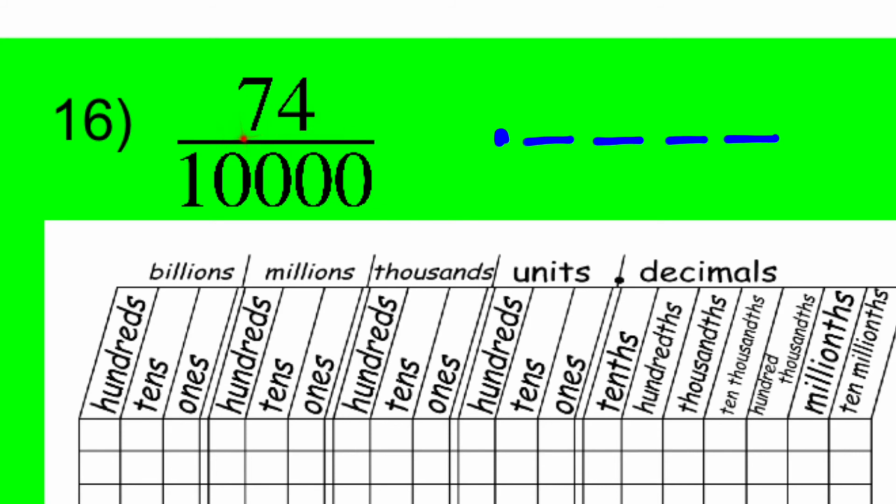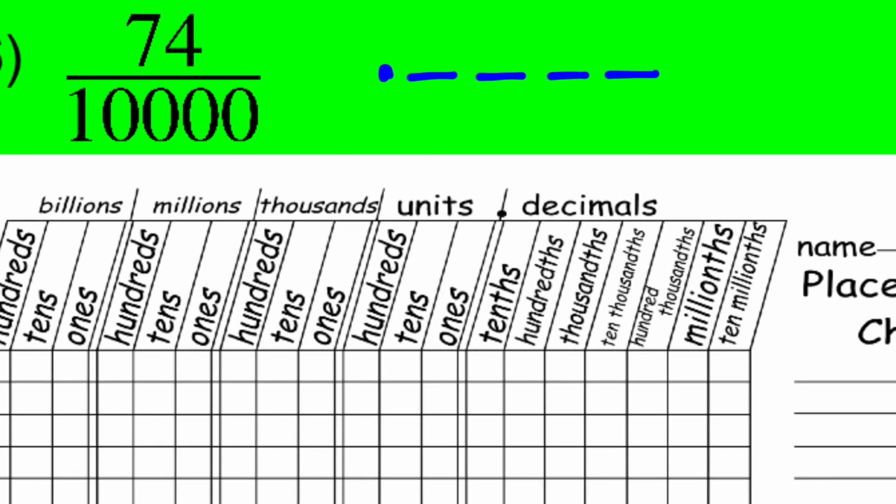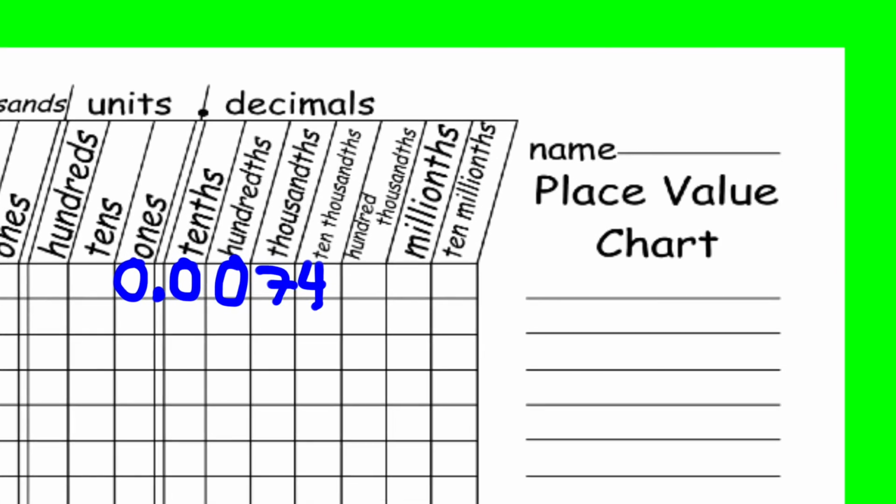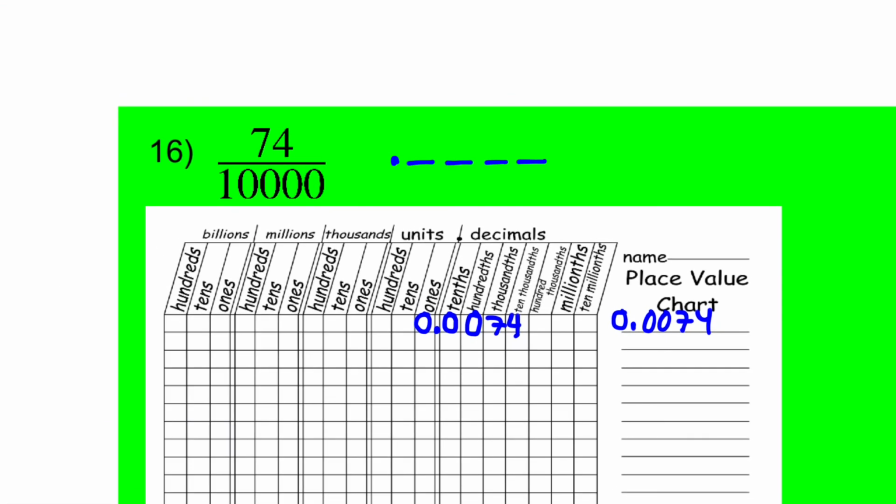We need to have 74 10,000ths. So if I go to my chart, I need to have 74 10,000ths, which means I'll have to 0 placeholder in the hundredths and 1 in the tenths, a decimal, and a 0 in front. And we would say 0 and 74 10,000ths.